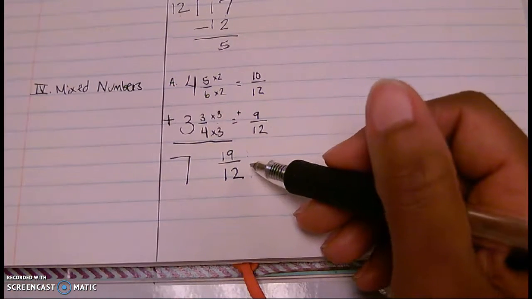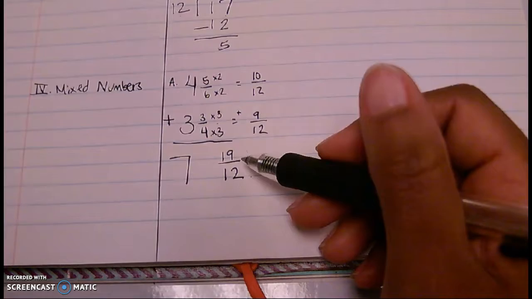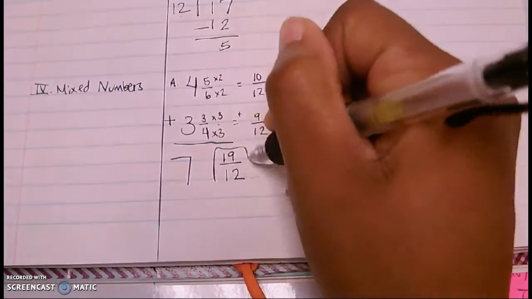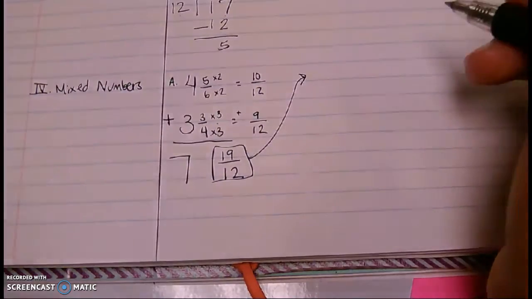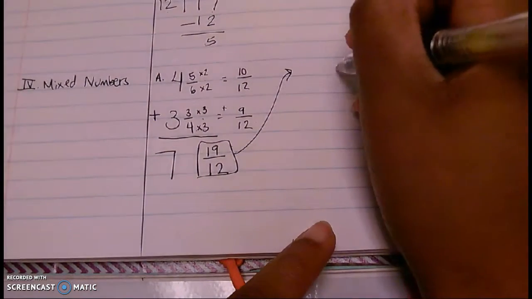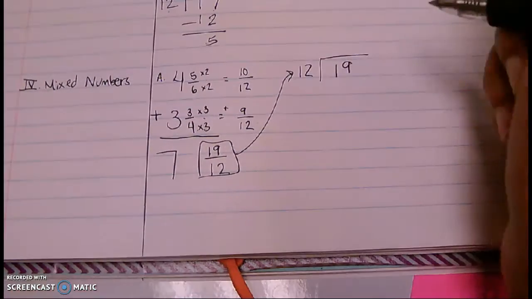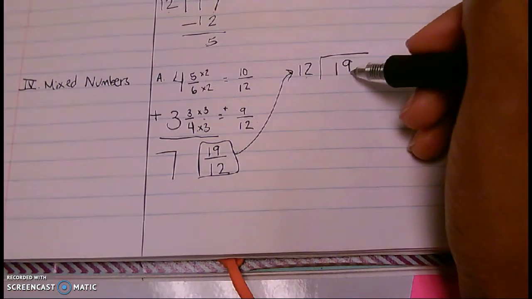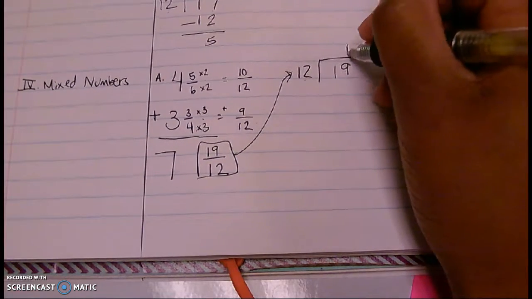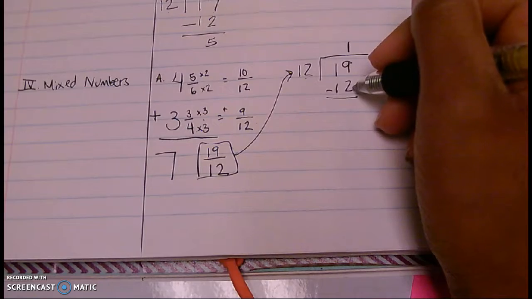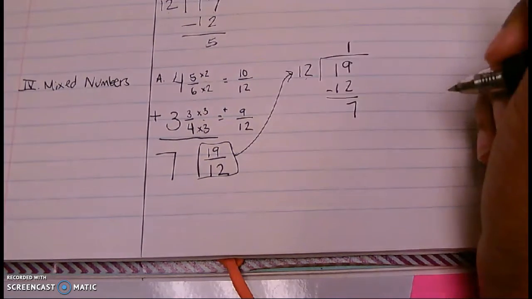However, I cannot leave this the same because it's not simplified. So in order to simplify, I'm going to divide it like I did in the previous problem, setting it up like this. 19 divided by 12. I know that 12 can go into 19 one time. And 19 minus 12 is going to give me the number 7.